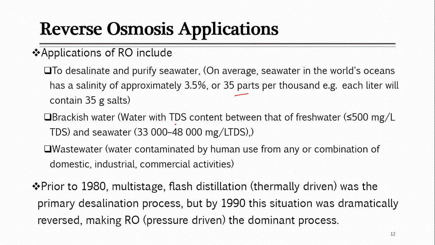And then we said that before 1980, mainly for desalination purposes, flash distillation was used, and flash distillation involves high temperature. You have to heat the water and boil it, and salts are left on the surface of the equipment in which the water was contained, and then the boiled water is condensed.